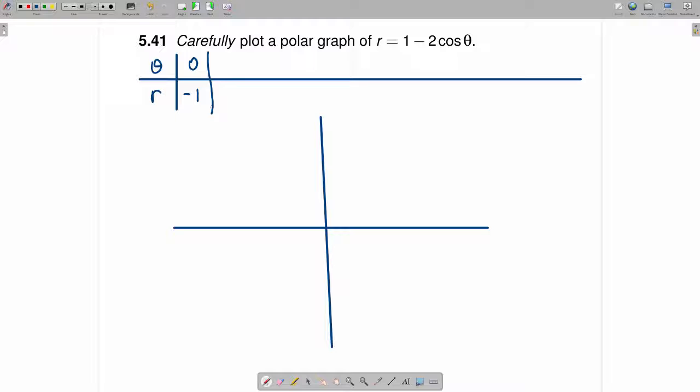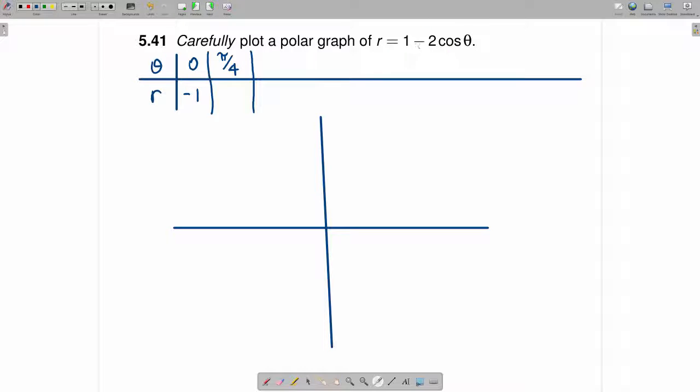And then we move on to another angle theta. Next one will be 45 degrees, or pi over 4. The cosine of pi over 4 is the square root of 2 over 2.